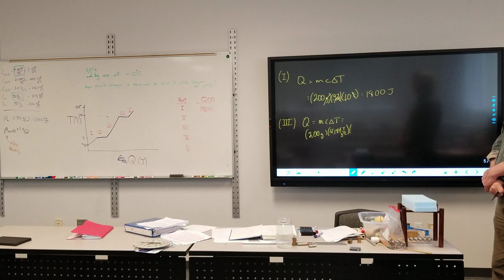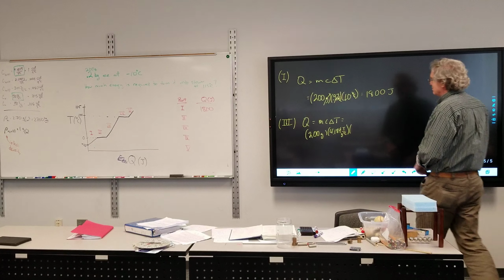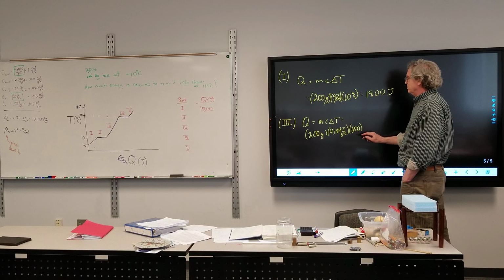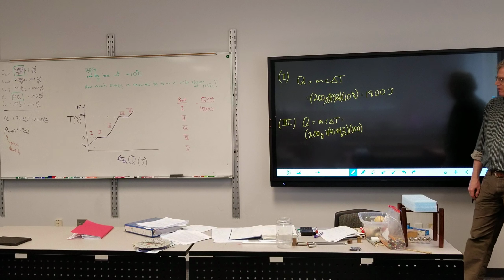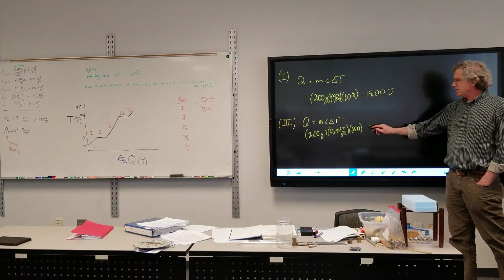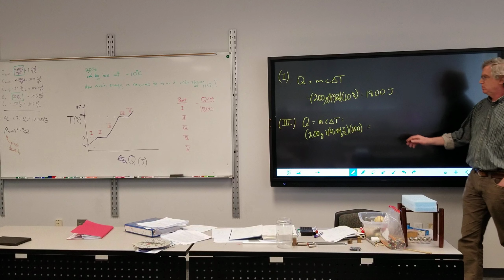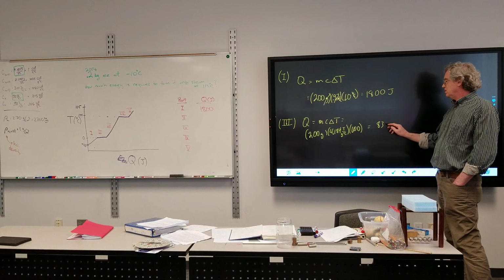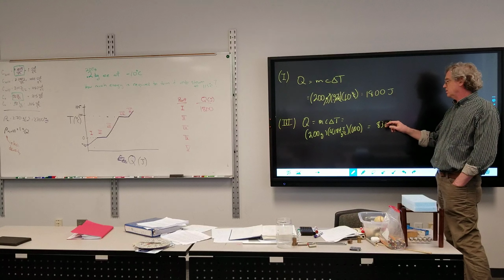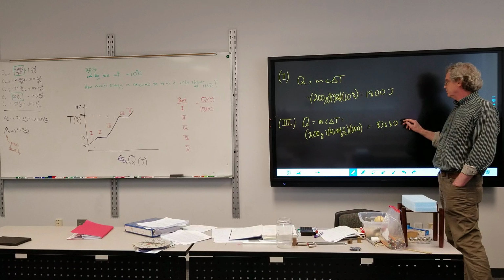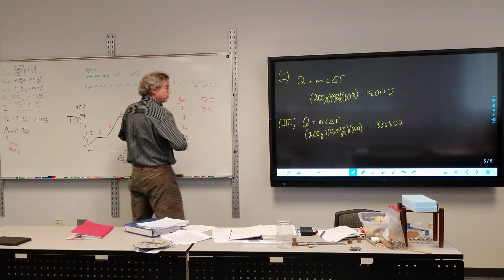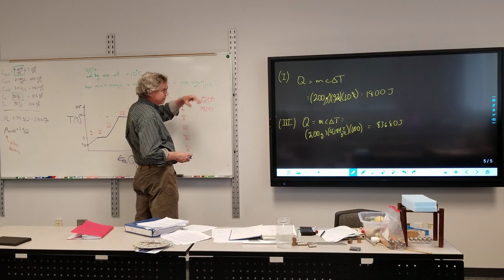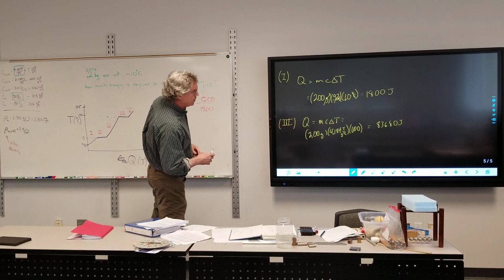You sound unsure. 100. There we go, that sounds much more sure. Then we multiply that out, and we get 83,680 joules. So it takes that amount to get it from just melted up to ready to boil. 836.